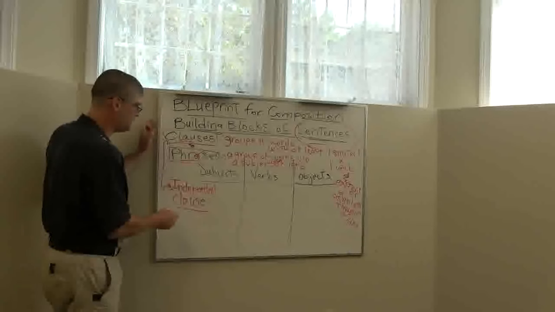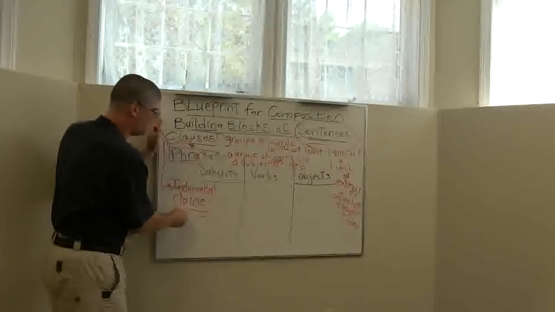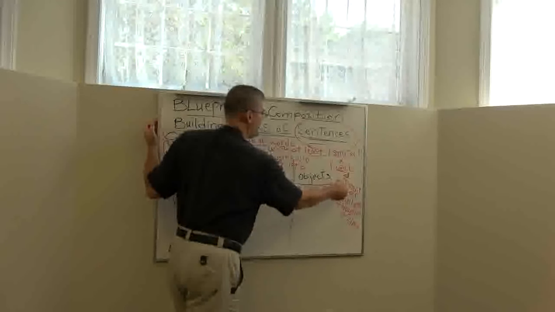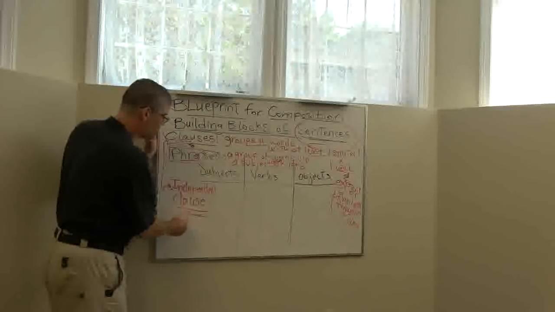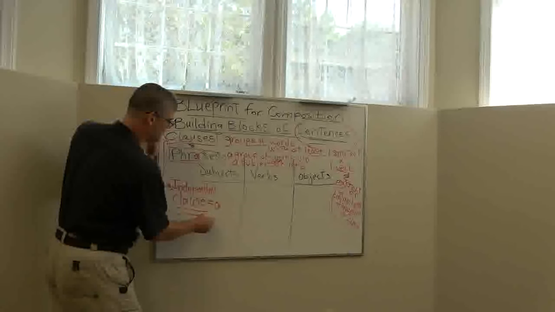All right, an independent clause fulfills this definition. An independent clause is a group of words with at least one subject and one verb and expresses a complete idea or a complete thought. So an independent clause is a sentence.